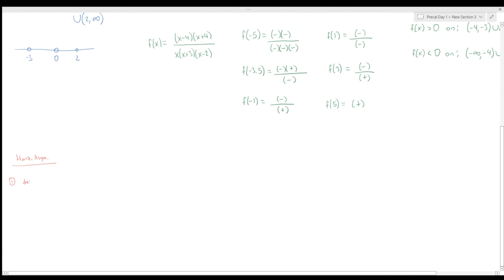So if the degree of the numerator is smaller than the degree of the denominator, as we have in the first example, then y equals 0 is going to be the horizontal asymptote. I'll abbreviate HA for horizontal asymptote, okay?